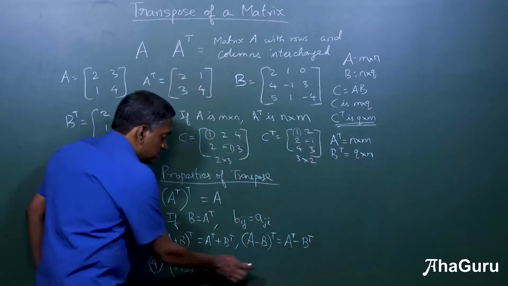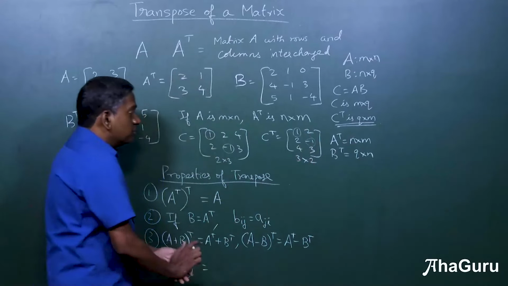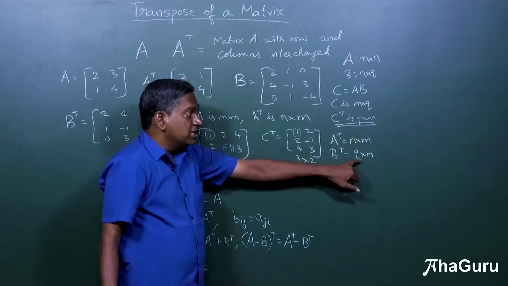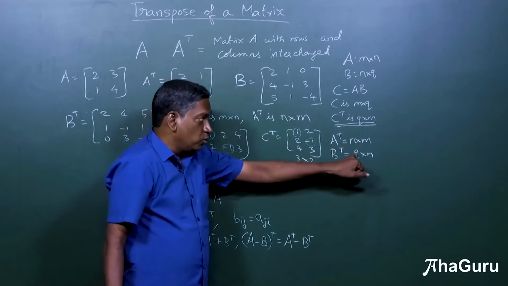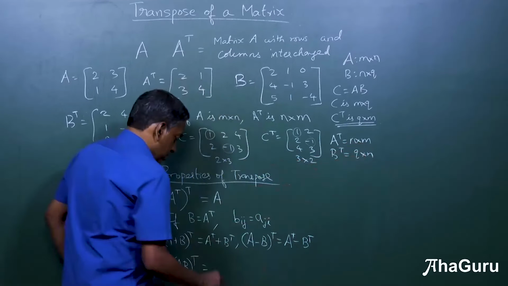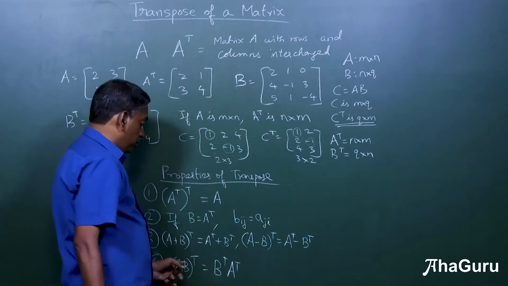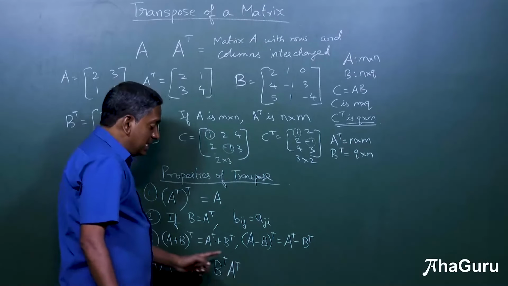So that means this is not correct. Okay, so what is the correct expansion? Well, you can see that if you multiply B transpose with A transpose, the multiplication is possible, q by n and n by m. So this is possible, but this is not a proof that these two are exactly equal.